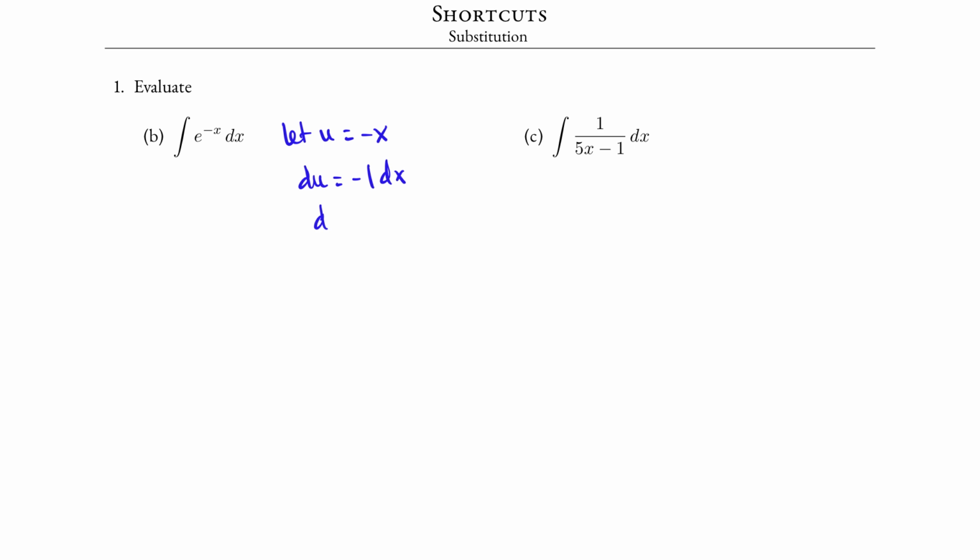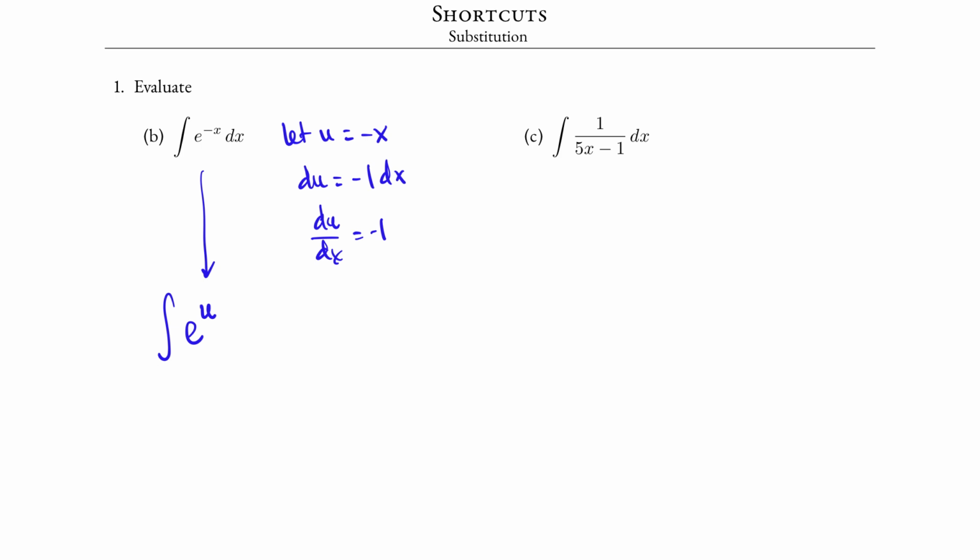This is because on the left hand side, du dx equals negative 1. So du equals negative 1 dx. Now that we can do a substitution, the integral sign e, and instead of negative x, we will rewrite it as u.